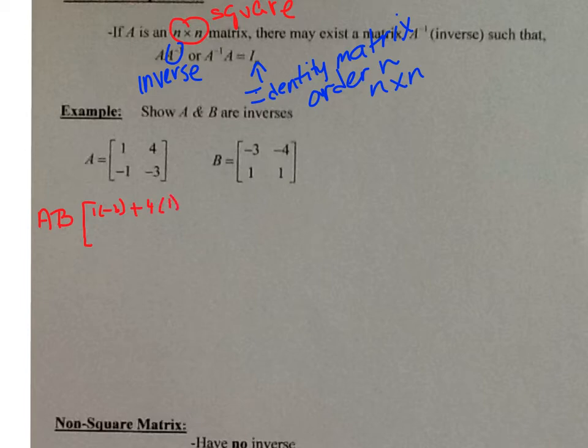And then we'll do -1 times -3 plus -3 times 1. And then on the other side, we'll do 1 times -4 plus 4 times 1. And then we'll do -1 times -4 plus -3 times 1.